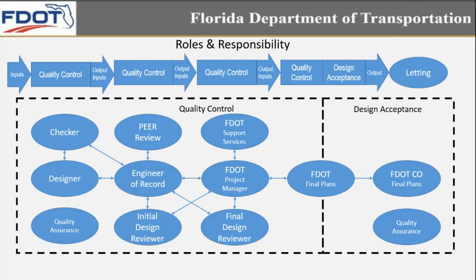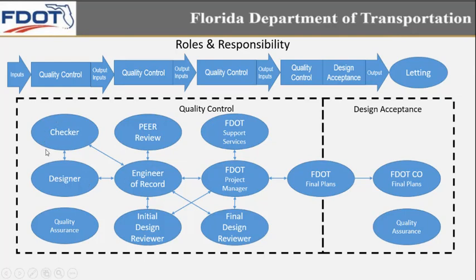And you see laid out here how all those roles fit together. There is a map to it, you could say. You can see at the left, a product typically starts with the designer, and you can see this triangle between designer, checker, and EOR. There's typically this type of review triangle, or some back and forth this way.